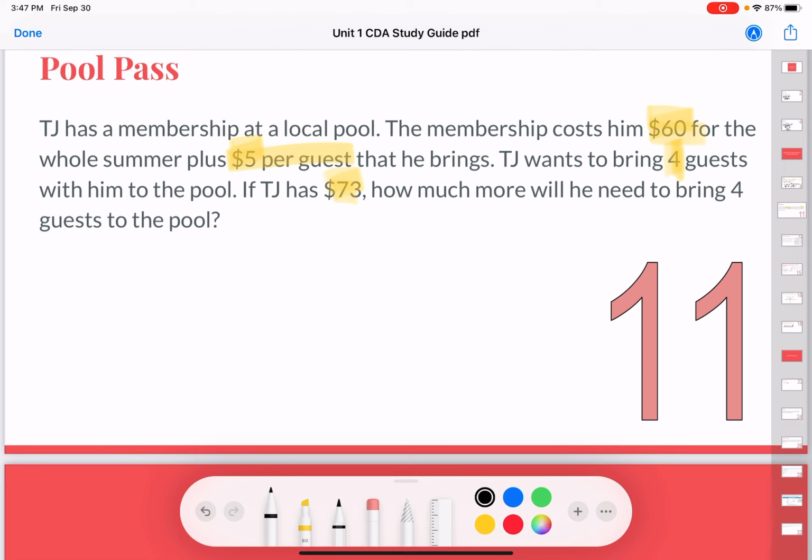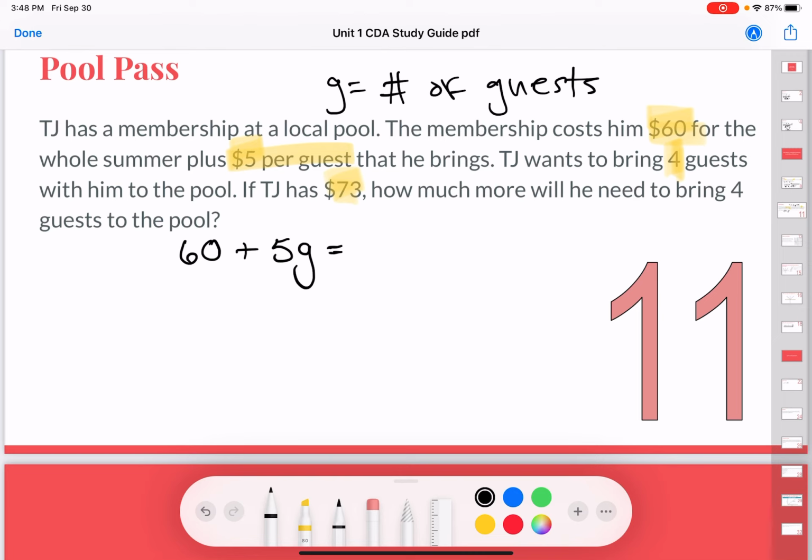So I know that his base fee is $60, and he's paying $5 per guest. I'm going to call that G, so G is the number of guests. So I don't know what his total cost is.